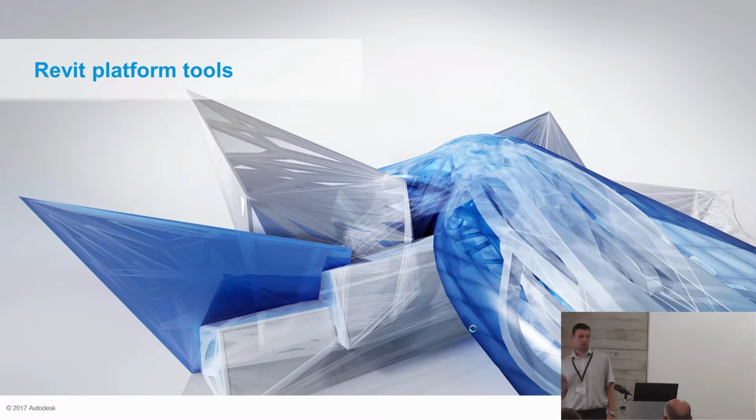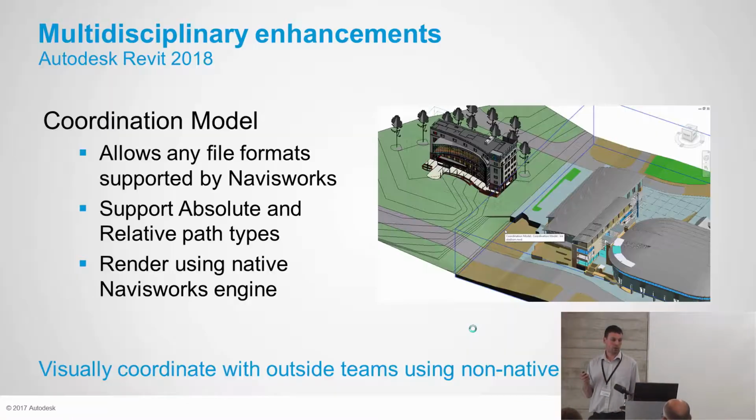I've got a couple of the Revit platform tools as well to show you, and I know Joachim did talk about the coordination model. I'm not probably going to go over what he said, but for me this is a really useful thing from a structural point of view. For a number of years we've been asking to enable Civil 3D and Revit to be able to have that same model in one file, and this seems to be Autodesk's answer.